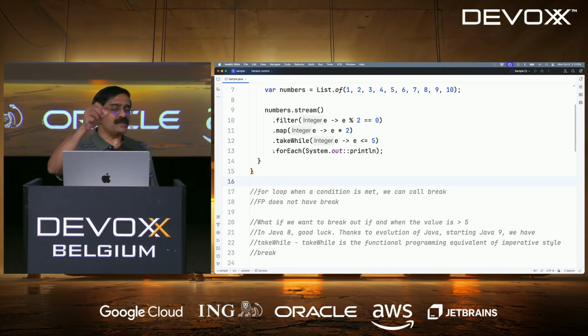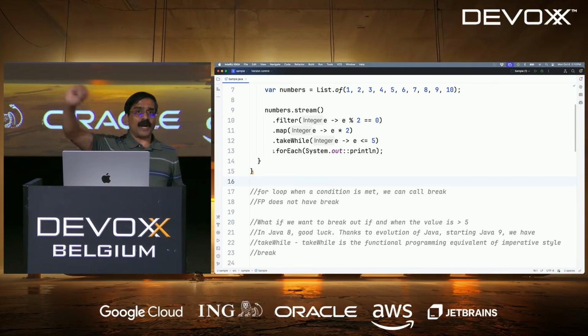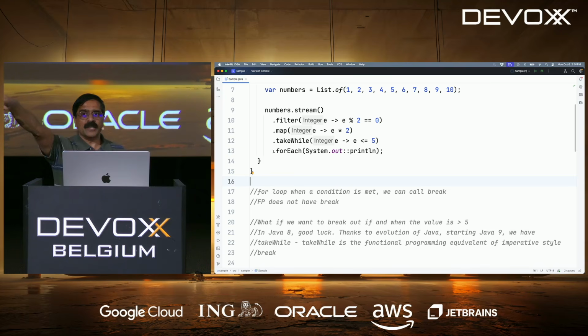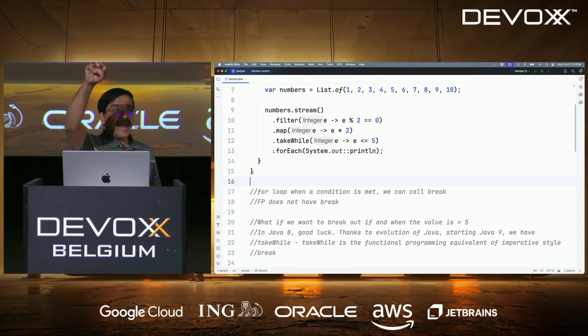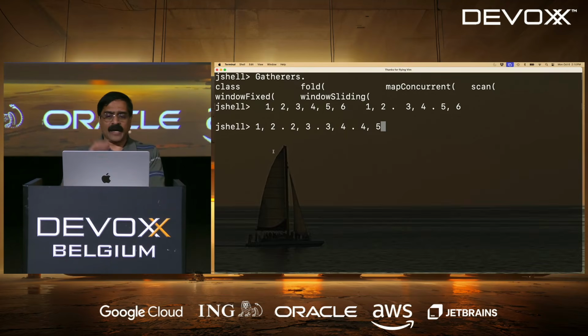And when a reduce is done, it gives you that one result, and you're done, you're out of the stream. But what if you want to do the reduce, but you want to continue processing the stream at the end of the result of reduce? That's exactly what fold provides for you. So a fold is a reduce that's turned into an intermediate operation. But we'll get to a few of those later on, and I'll talk about scan as well a little later.